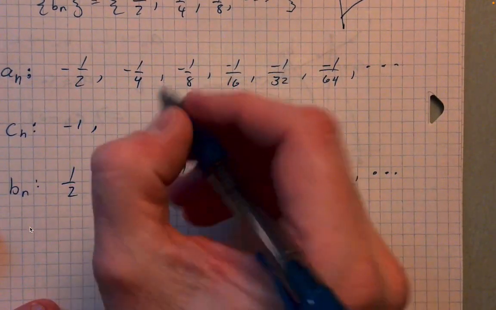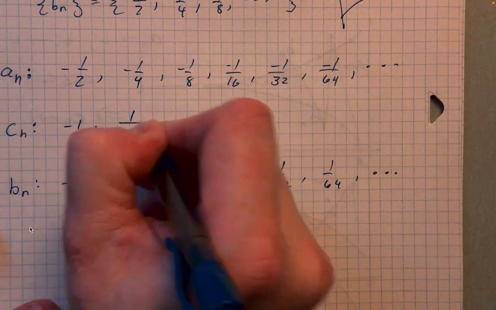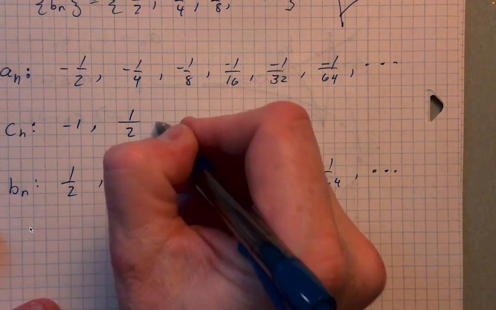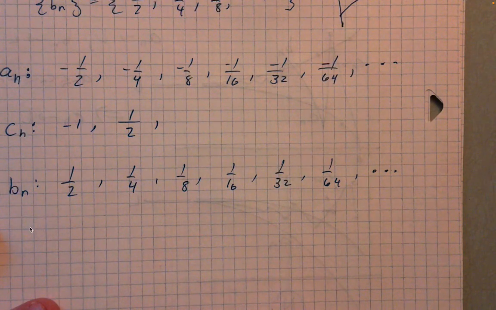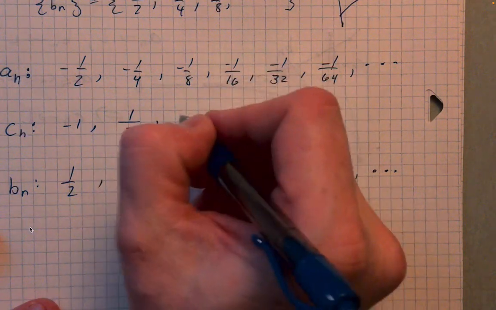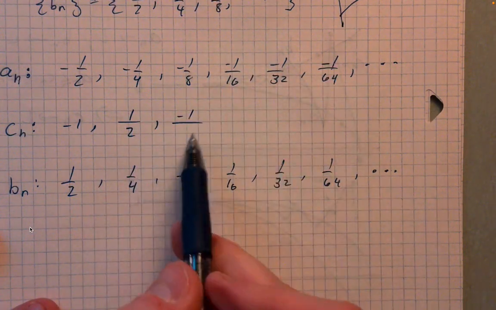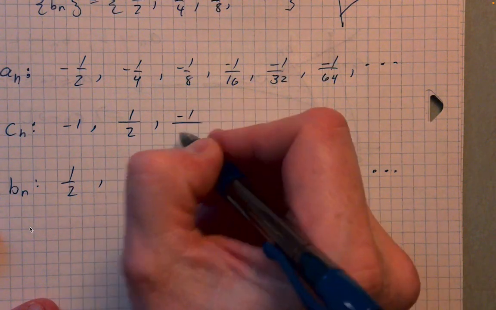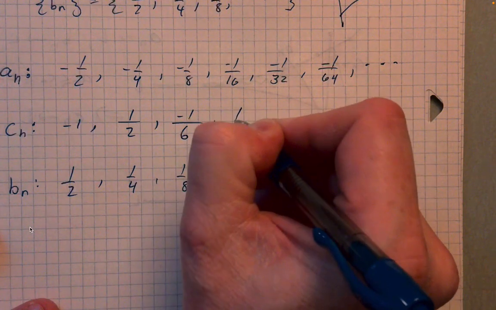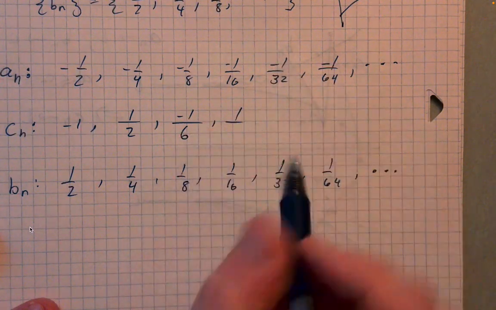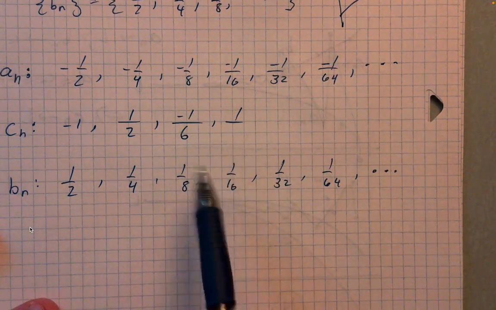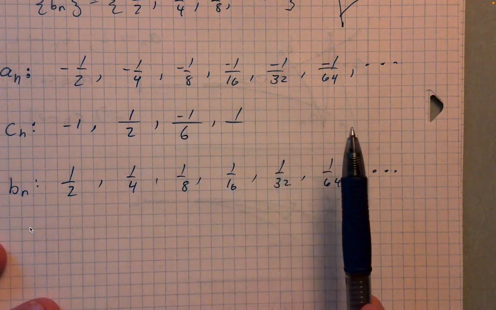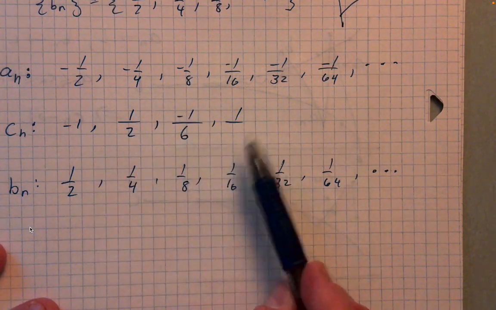Then the second term would be 1 over 2 factorial, which is 1 times 2, so it'd be 1/2. And then it's going to be negative 1 over 3 factorial, which is 1 times 2 times 3, so negative 1/6. And then it's positive 1 over 24, since 4 factorial is 1 times 2 times 3 times 4, so 6 times 4 is 24.